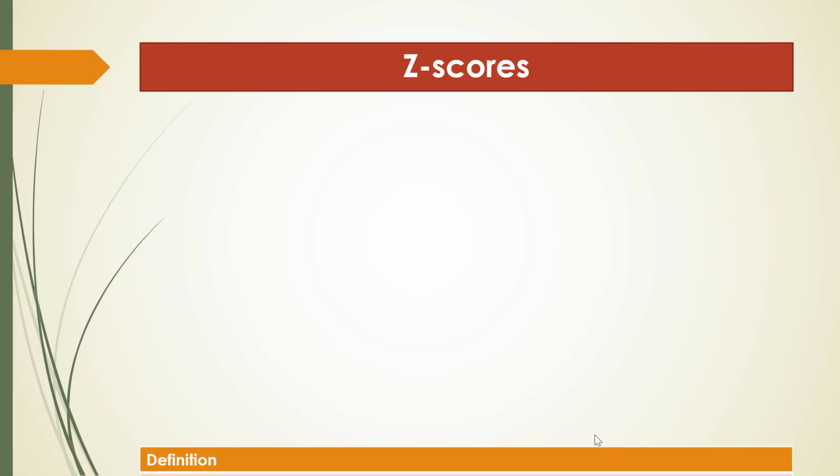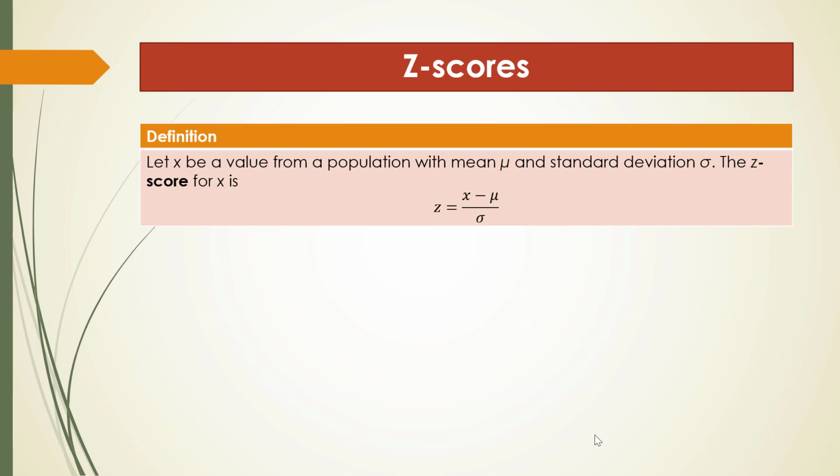What is a Z-score? Let X be a value from a population with mean mu and standard deviation sigma. The Z-score of X is Z is equal to X minus mu over sigma.